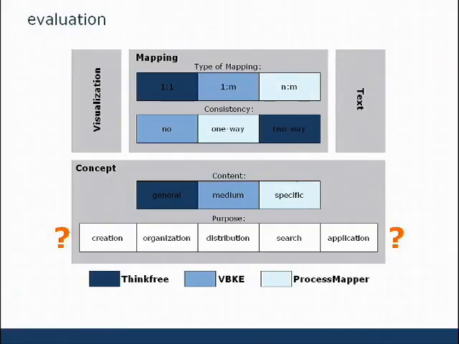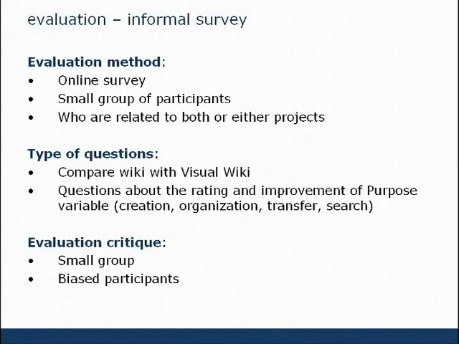If we now look at the control parameter that we had there, which was the purpose, what are those three different approaches going to be useful for in terms of that knowledge or information life cycle? So what we did for the evaluation purposes of this was to do an online survey. We only had a very small group of participants.